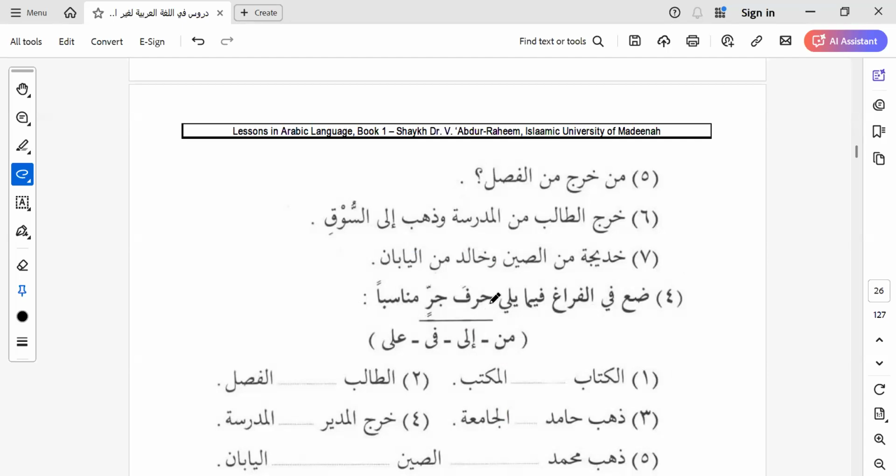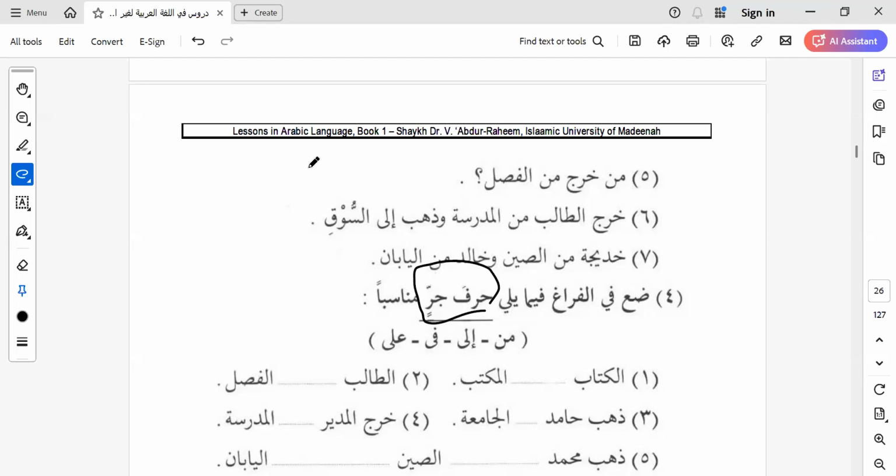I deliberately asked: what if harf jarrin is nakra and harf is mudaf for jarrin? According to what we used to know, if you have a mudaf ilayhi that is ma'rifa, automatically your mudaf is also a ma'rifa. Do you remember all of that?